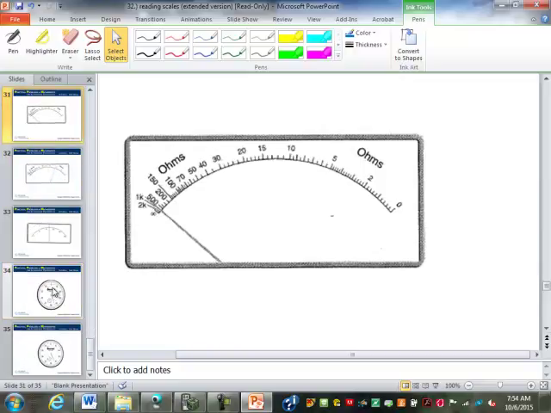Now again, these are old. This is an old analog meter. We wouldn't use a meter like this very often anymore. We would still use a digital meter now, which would just give you a digital readout. Where a gauge like that would be in something where it needed to be continuously monitored. So like if you're at a monitoring station in a power plant, you don't want digital readouts everywhere.